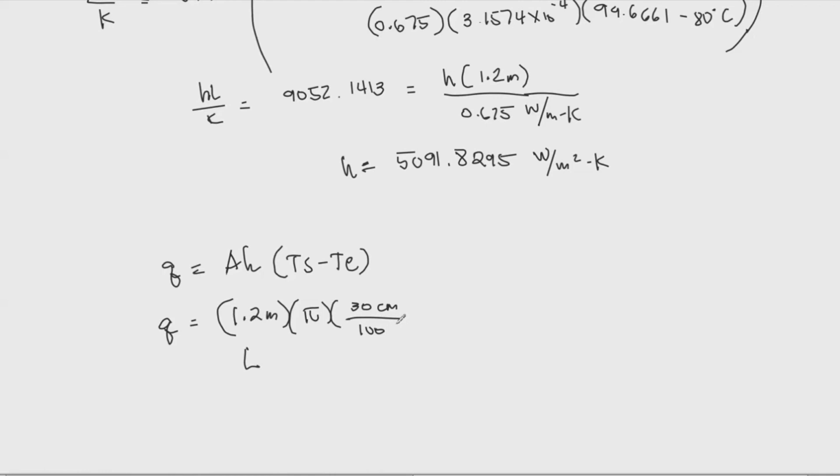So that's cm per meter. And then we have this H, that's 5091.8295, that's watts per meter squared Kelvin.